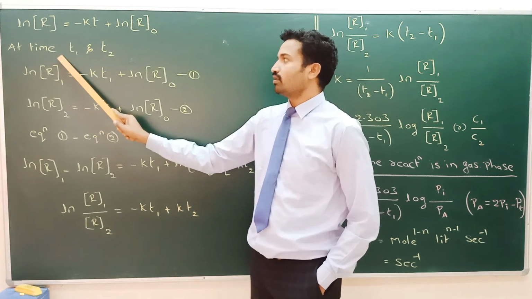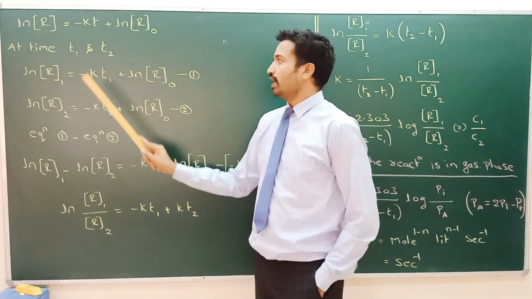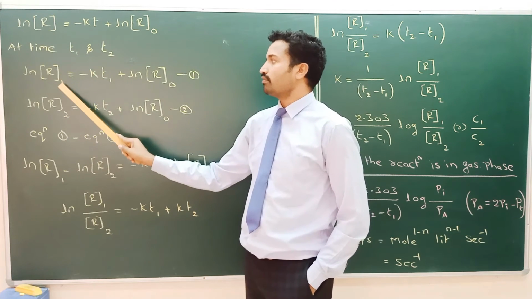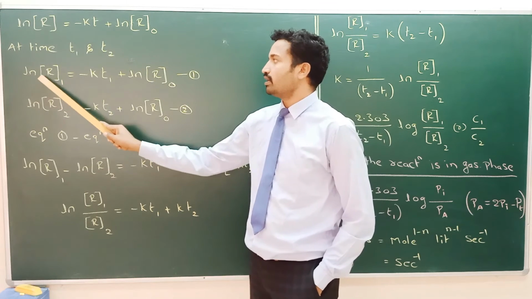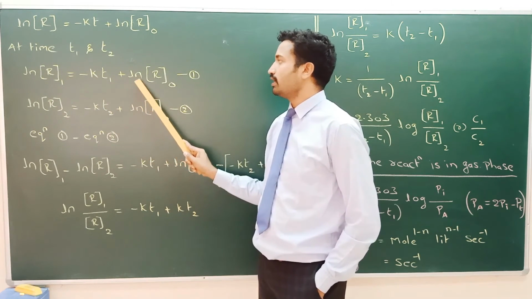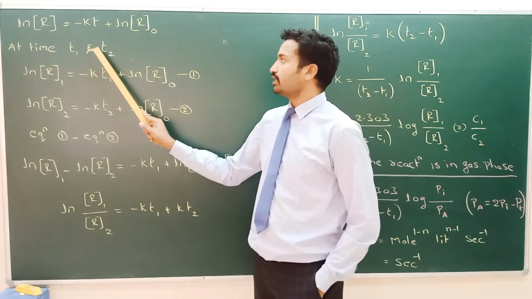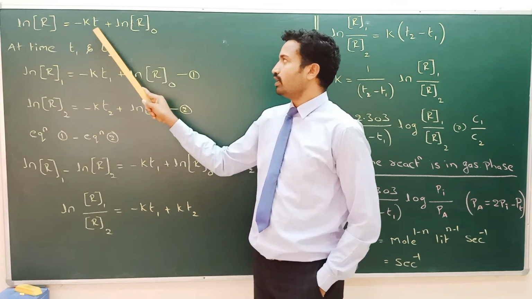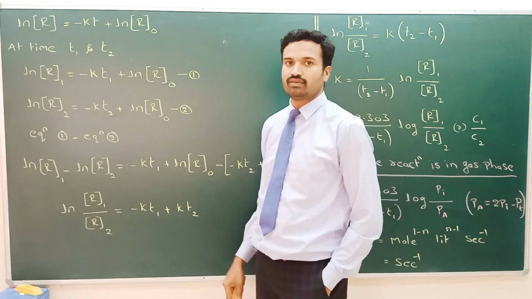So the formula is ln R1 is equal to minus K T1 plus ln R0. This is equation 1 at T1 time. Next at T2 time, R becomes R2 and T becomes T2, with the initial concentration constant.